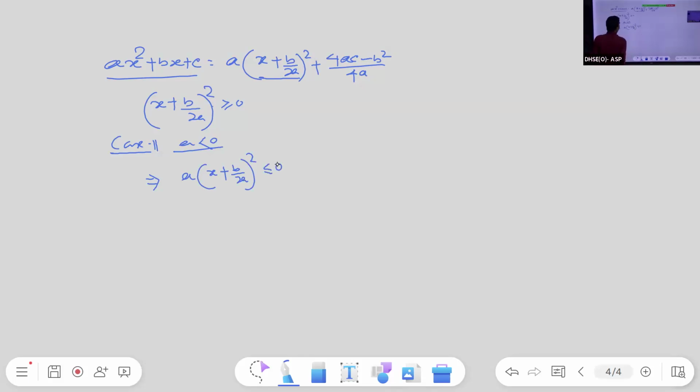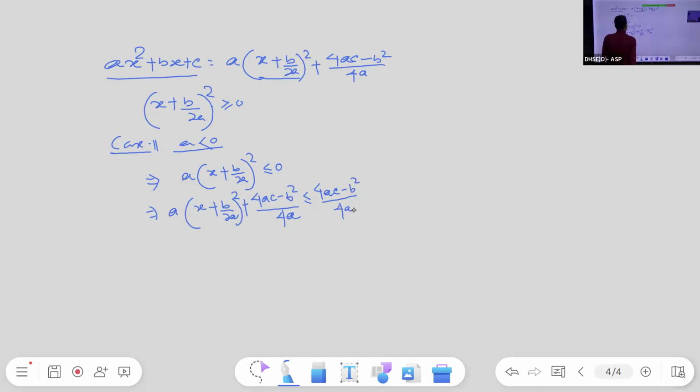Now add the constant term 4ac minus b square upon 4a to both sides of the inequality. That will give you a times x plus b by 2a whole square plus 4ac minus b square upon 4a is less than or equal to 4ac minus b square upon 4a, right?